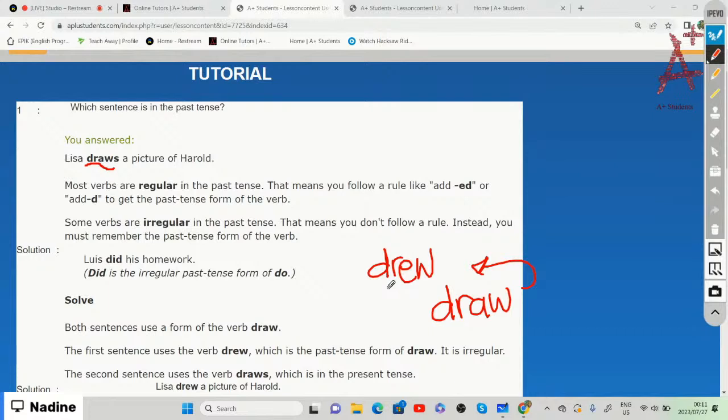But that is why they say you just have to remember what the past tense form of the verb is, because there's no specific rule that you need to follow. So the irregular past tense form of draws is drew, not drawed, it is drew.